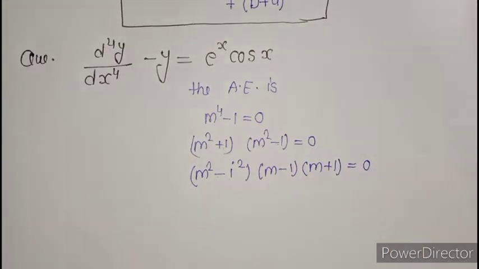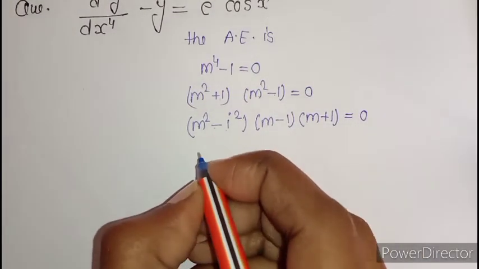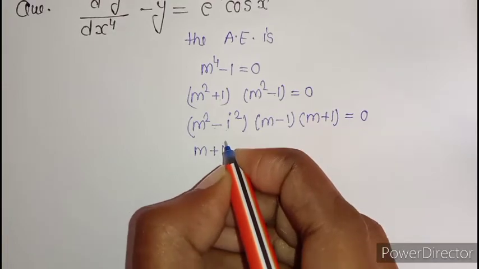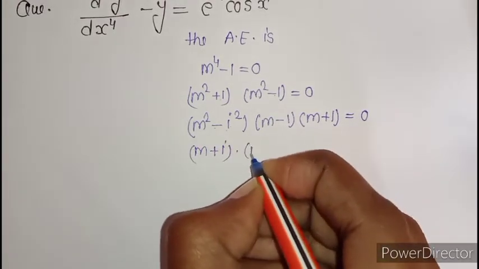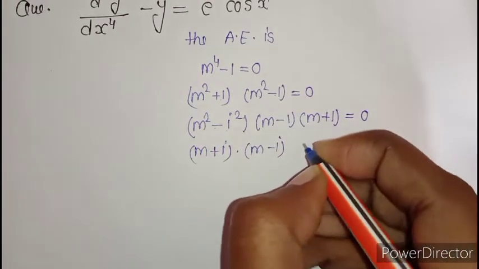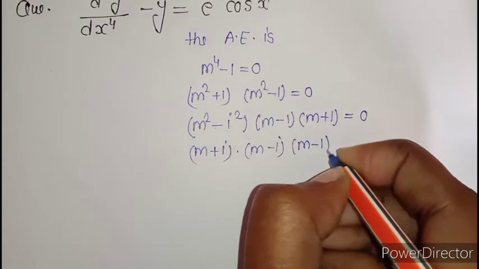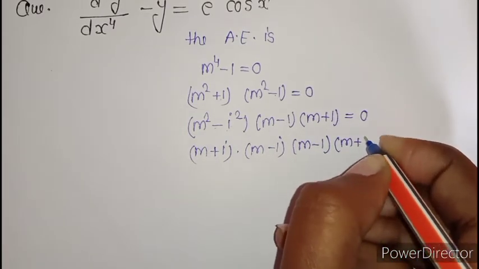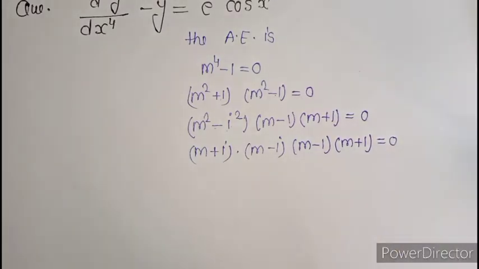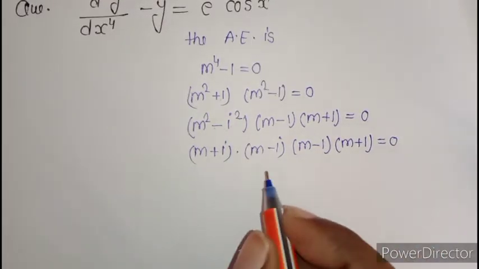Again, I will apply the formula of a square minus b square here. So it becomes m plus i into m minus i, then m minus 1 into m plus 1. So here you can see we are getting 4 factors of m, in which 2 are real and 2 are imaginary.